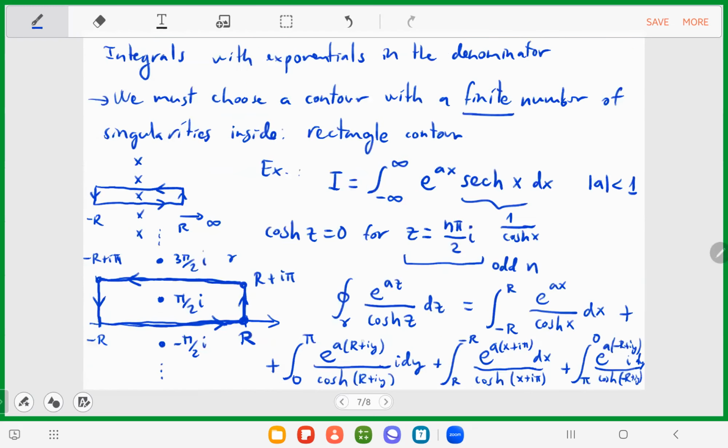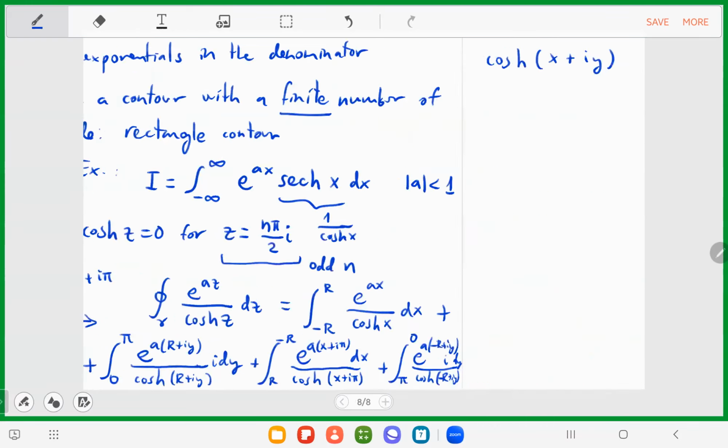So let's see what happens in the other cases. First, let's take, in general, the hyperbolic cosine for any x and y. Remember, we are going to have the combinations r plus i times variable y, variable x plus i times π, minus r.